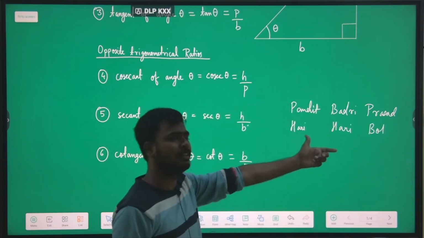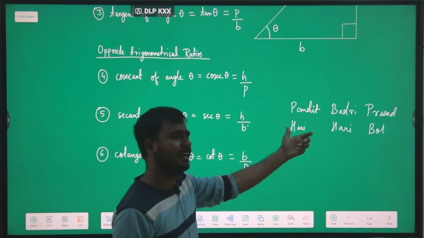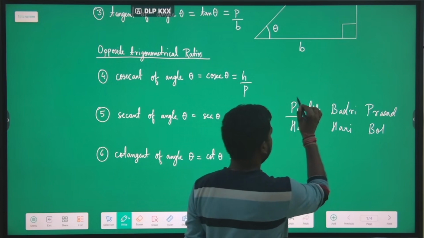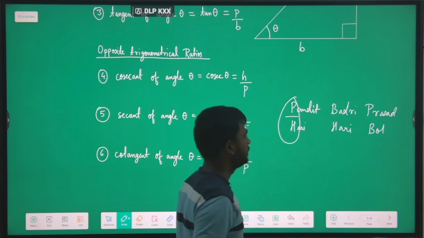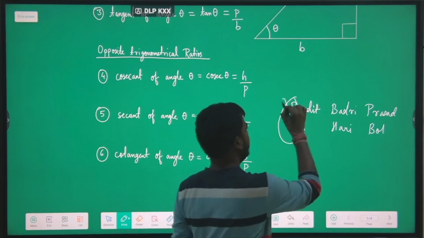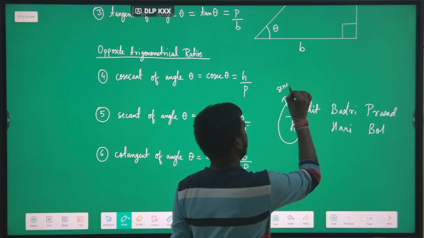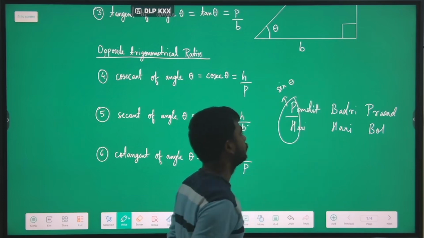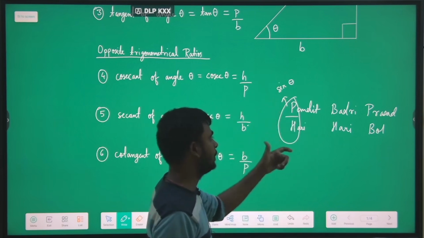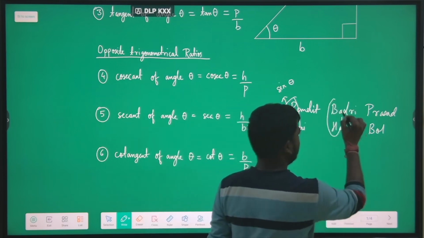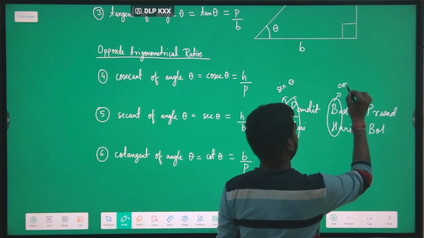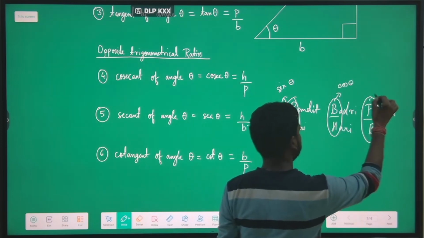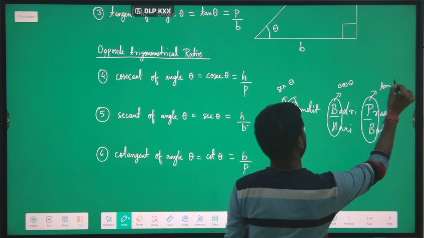By using this mnemonic, we can name any of these trigonometrical ratios. For example, if we are taking P upon H, this P upon H is sine of angle theta. This B by H is cosine of angle theta. This P by B is tangent of angle theta.